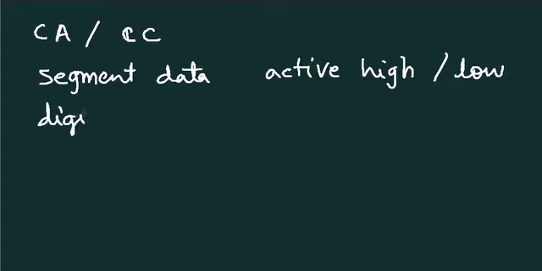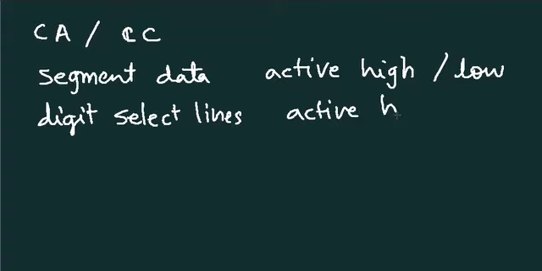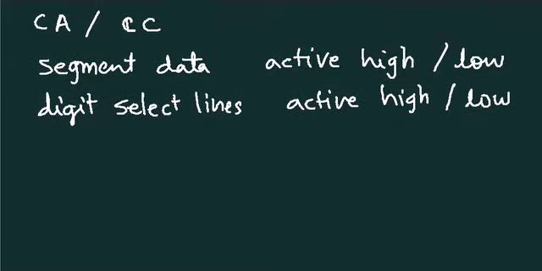Then digit select lines can also be active high or active low. So, based on these three things, we will start drawing some diagrams which will illustrate the various connections. Let us take the case of common anode first.